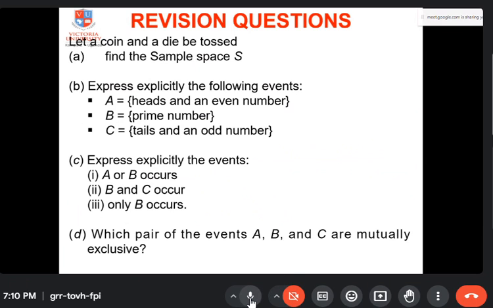I think 2 head is appearing in both sets. 2 head is an even number, and 2 head is also a prime number. So that means A and B are not mutually exclusive.